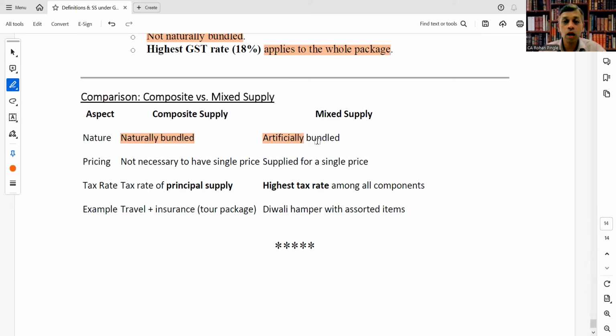And here an example: travel plus insurance, that is a tour package, is an example of composite supply. And a Diwali hamper with assorted items is an example of mixed supply.